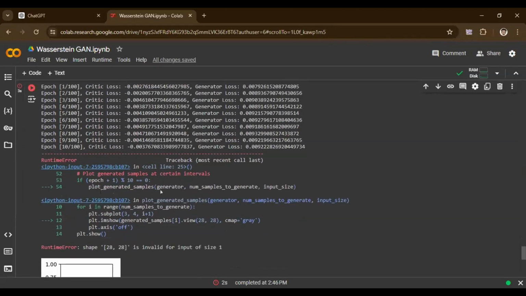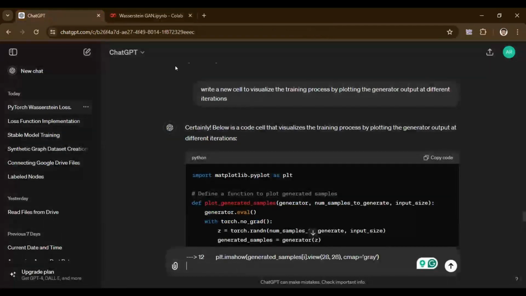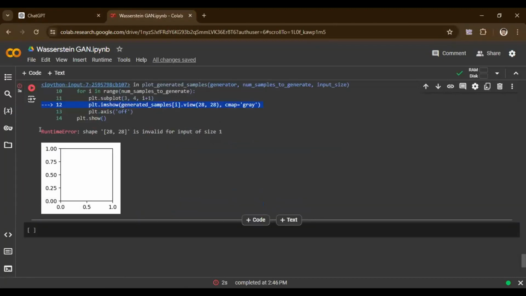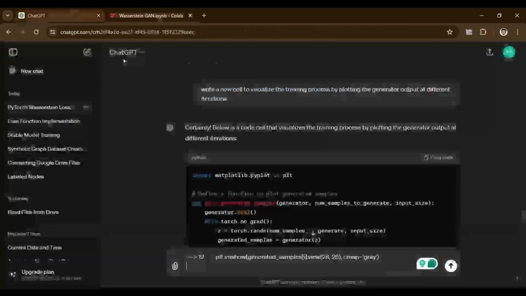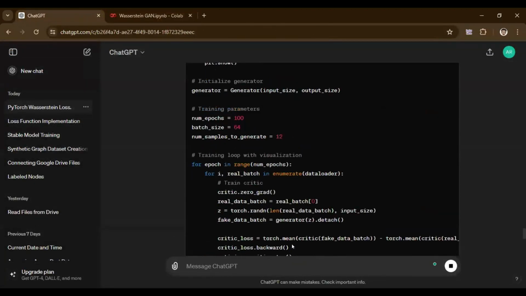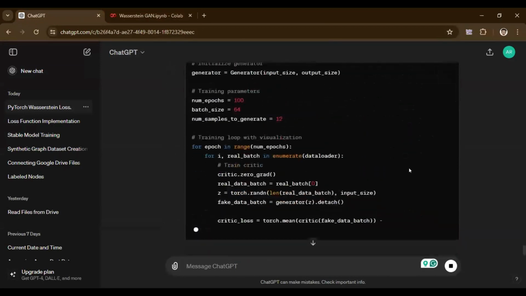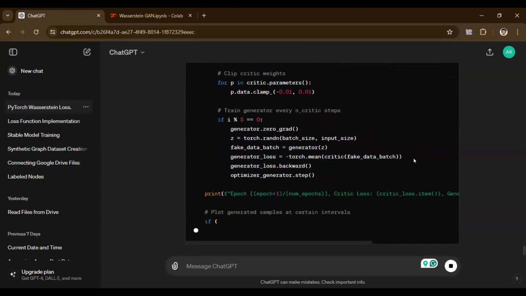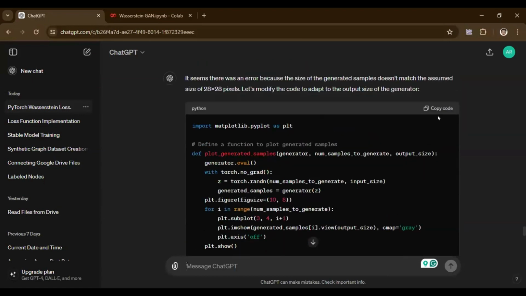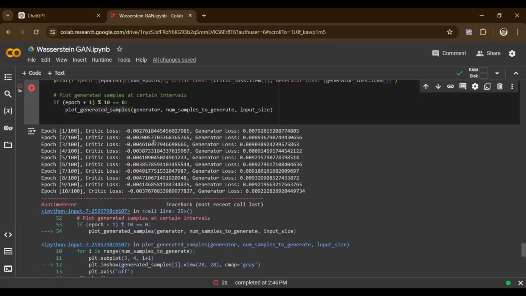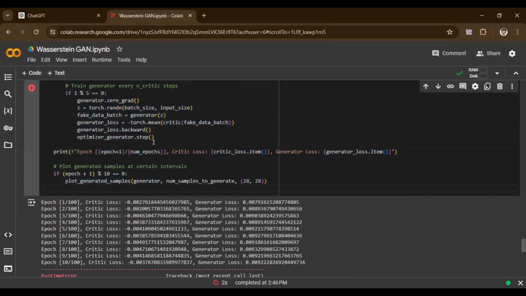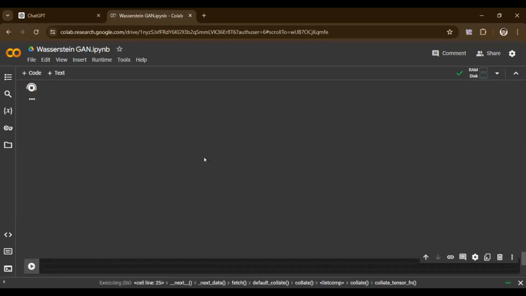Let's see if we can find the line that errors and give it to ChatGPT and also the error message for this. Okay, it creates a new code for this, and let's just copy the code. Hope it's correct for this one.